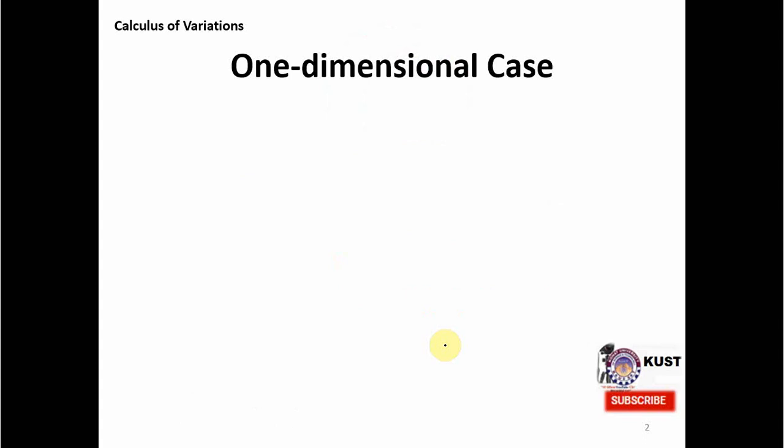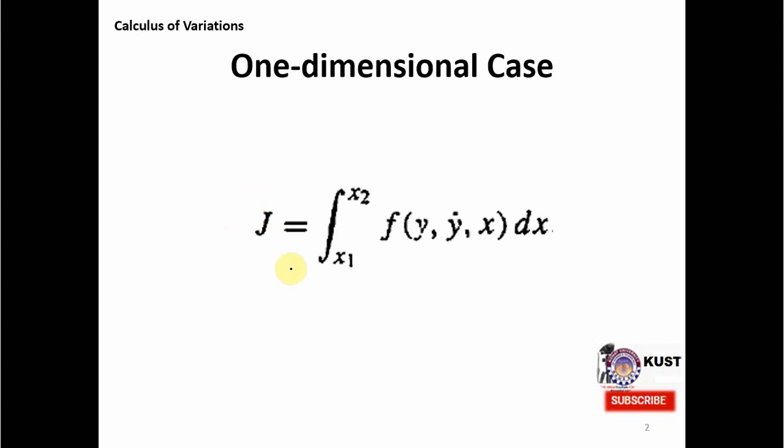So to do so, we consider the one-dimensional case for simplicity, and we define this line integral j, and it goes from point x1 to x2, and this is the function we want to construct, and this is the function of path y and its derivative with respect to x and explicitly the x.